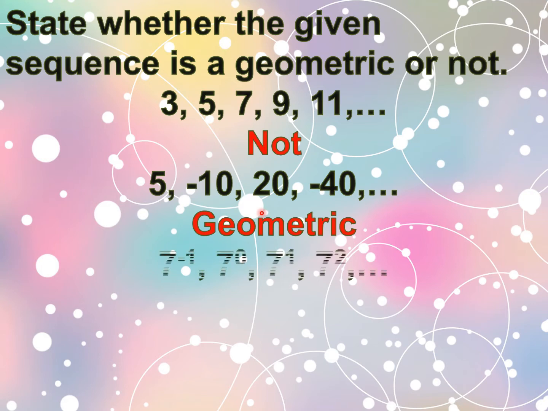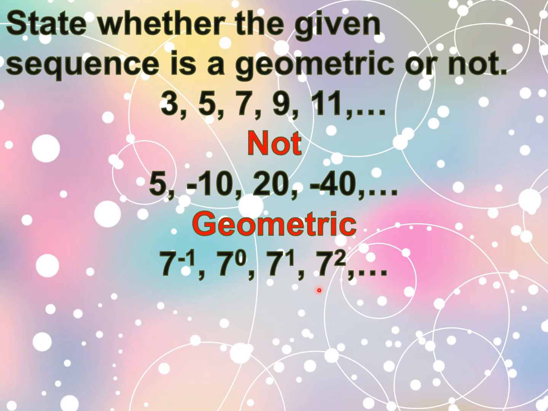Next, let's have 7 raised to negative 1, 7 raised to 0, 7 raised to 1, 7 raised to 2, and so on. Ito nga ba ay geometric sequence? Yes, ito ay geometric sequence. Since naka-exponential form tayo, at pag sinabi nating exponent, kagaya nito na 2, siya ang magsasabi na ita-times natin ang 7 ng 2 beses sa sarili niya.